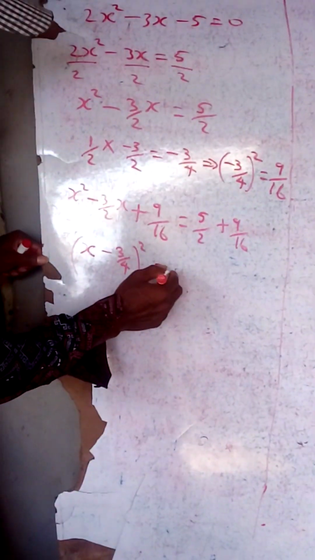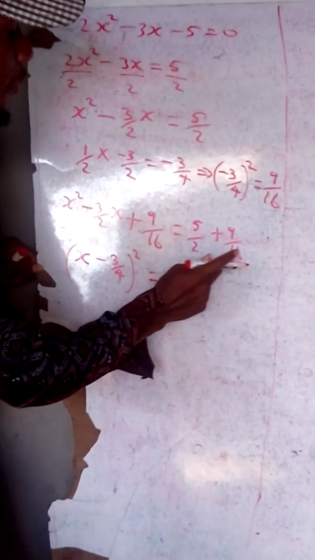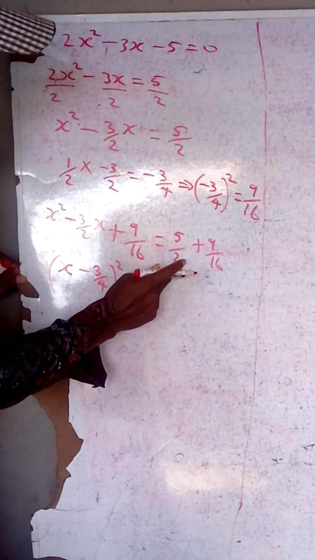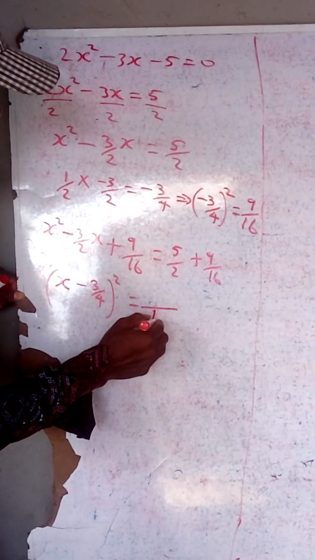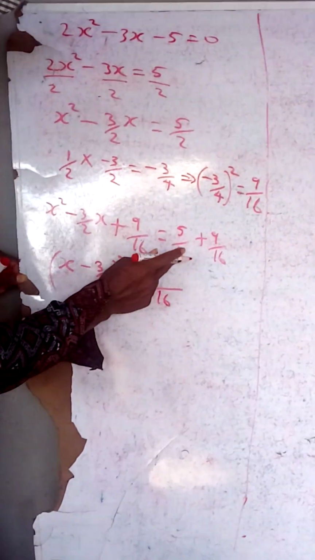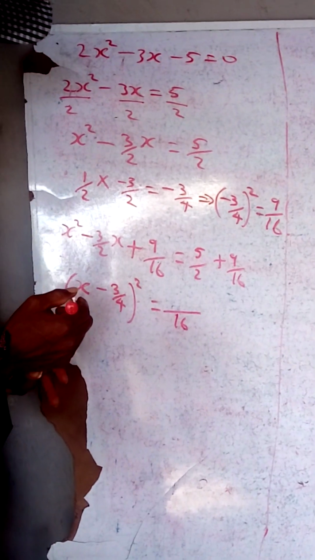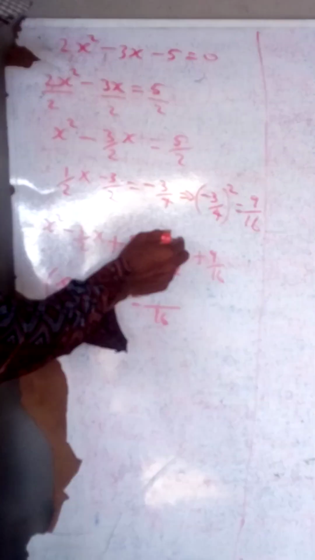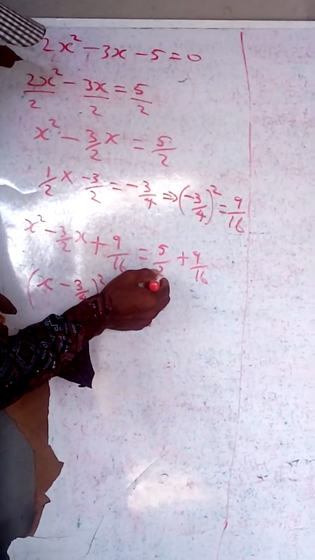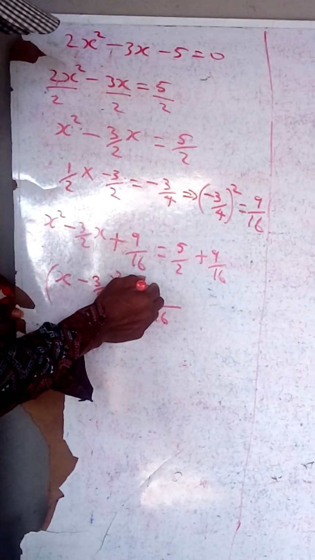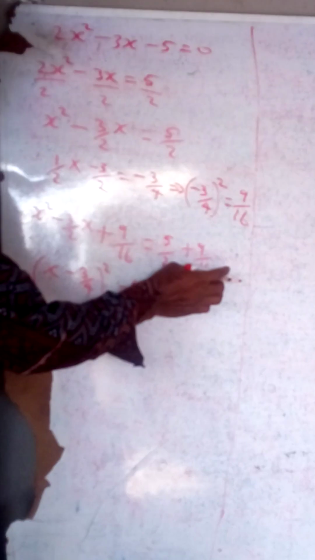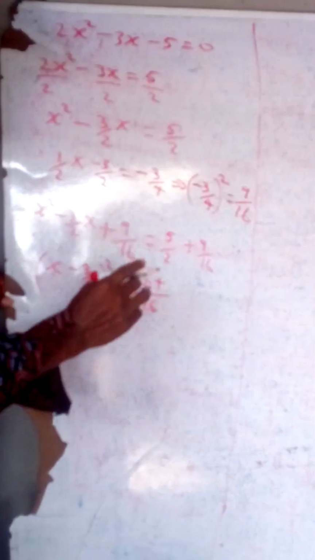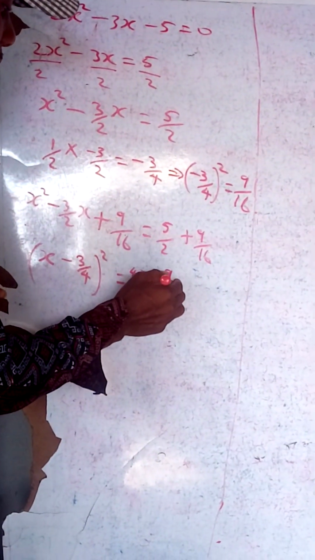Alright, it's equal to, we'll look for the LCM because we have 2 at the denominator and 16. So the LCM of 2 and 16 is 16. 16 divided by 2 is 8. 8 times 5 is 40. Okay, then plus 16 divided by 16 is 1. 1 times 9 is 9.